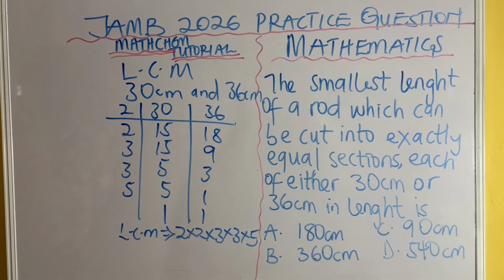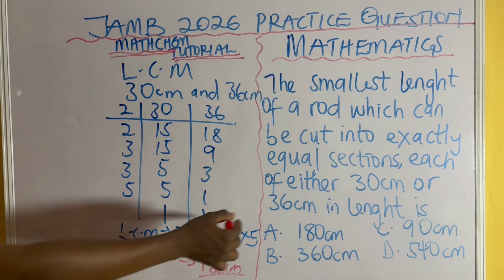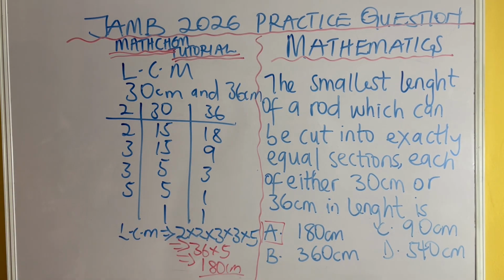Now let's do that together. 2 times 2 is 4. 4 times 3 is 12. 12 times 3 is 36. And 36 times 5 is 180. So that is 180 centimeter. So the correct answer for this is option A.